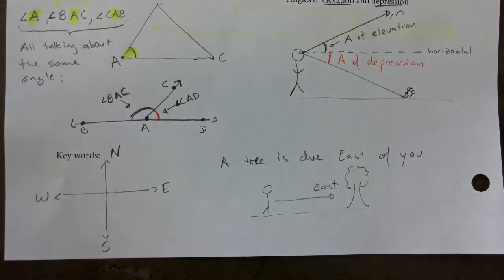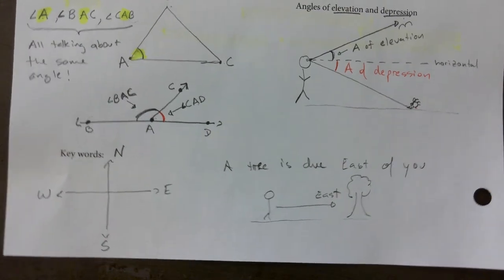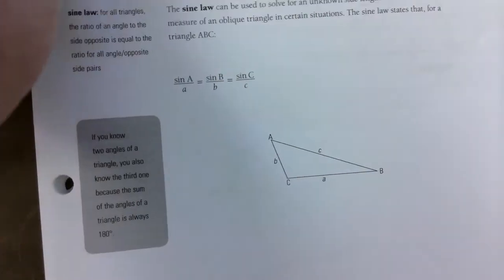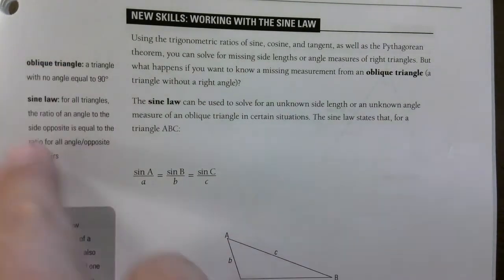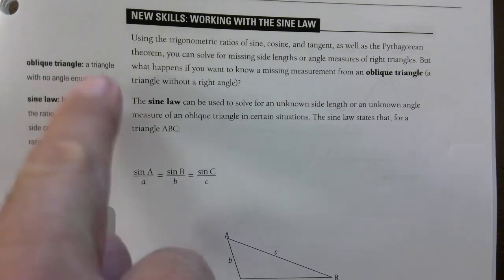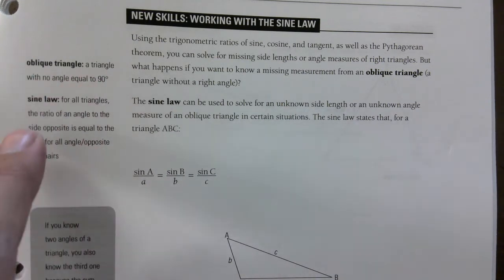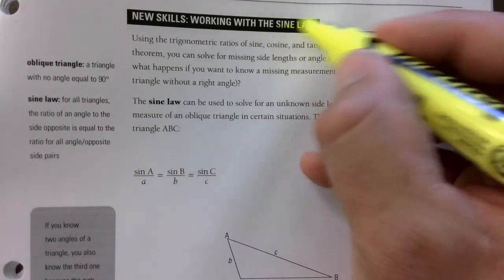All right, let's dive into the math. And there's a lot of repetition here, right? What an oblique triangle is. But the first thing is we're going to deal with sine law here.